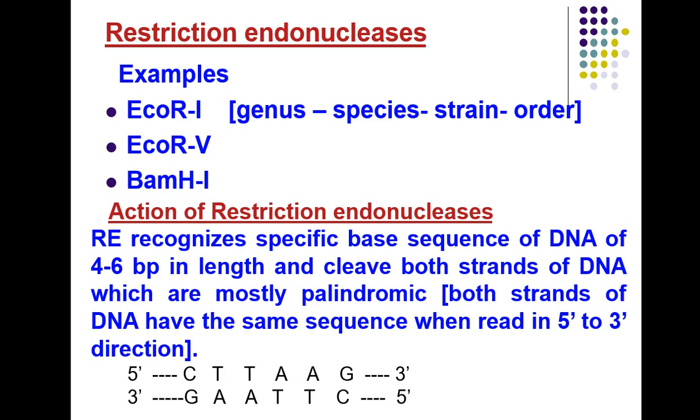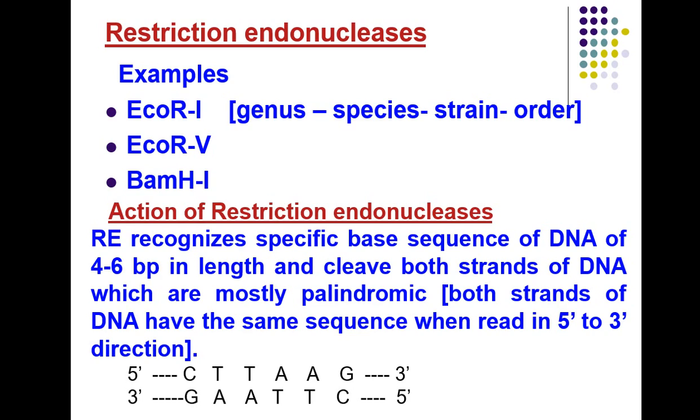Molecular scissors. So restriction endonucleases recognize specific base sequences of DNA, 4 to 6 base pairs in length, and cleave both strands of DNA, which are mostly palindromic.